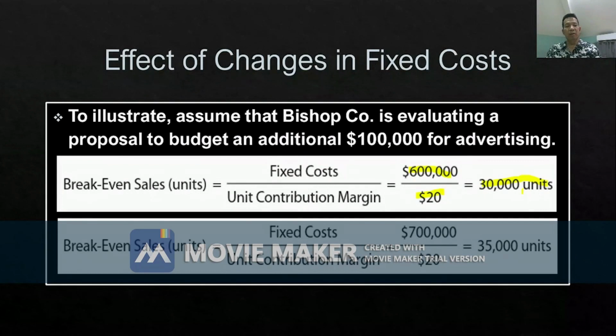So, while doon sa proposed nila na fixed cost of $700,000, kung kunin natin yung break-even units niya, divided by $20 unit contribution margin, so that will make 35,000 units, the break-even sales, if they will increase the fixed cost to $700,000.